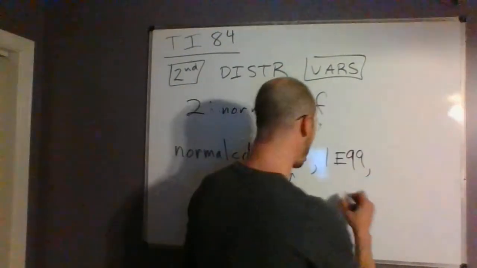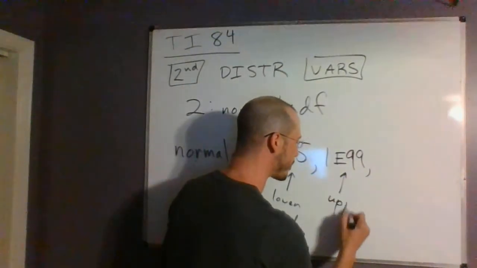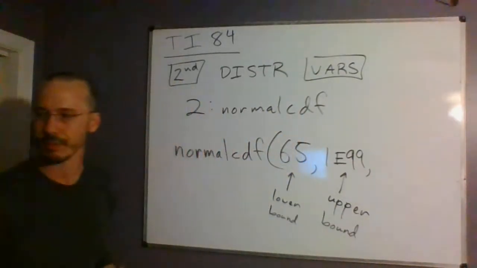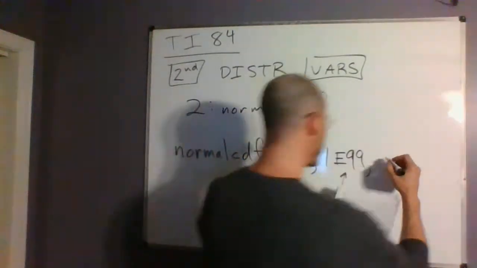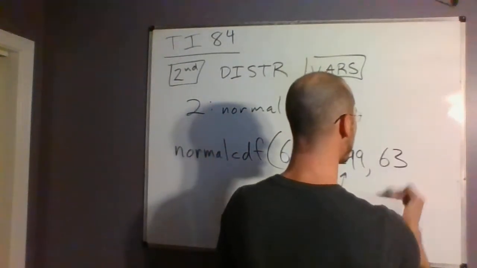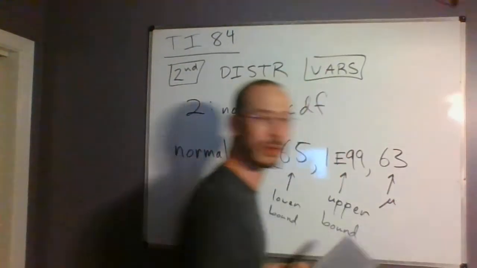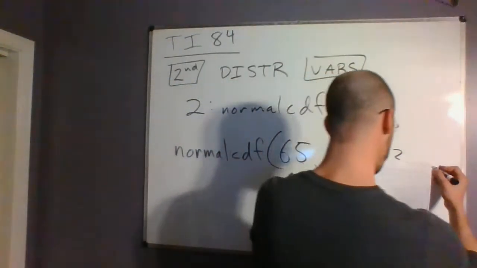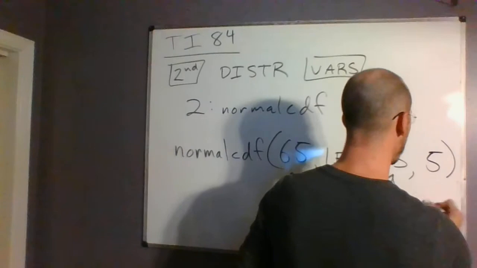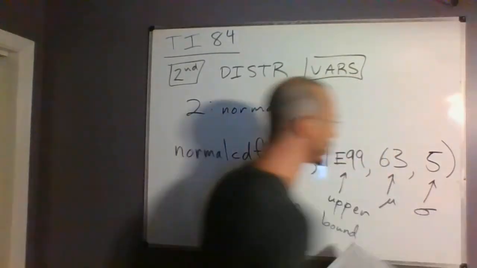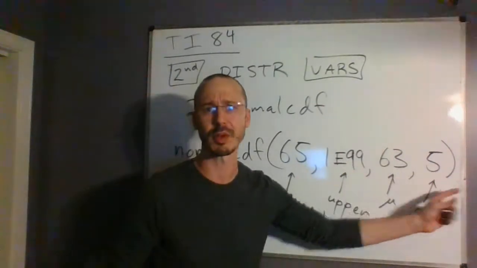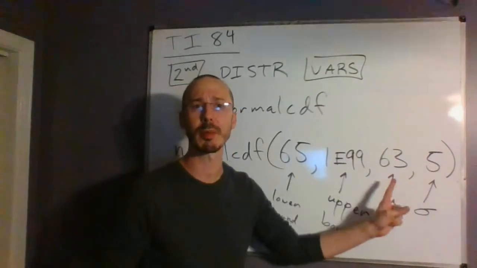And then the mean. The mean was 63. I'm just going to label that with mu. And finally, the standard deviation, which was 5. And you can close the parentheses. That's what it's meant to have, a closed parentheses with these 4 input parameters.